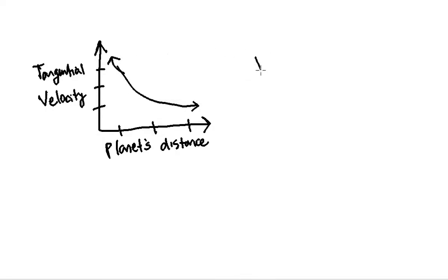So tangential velocity, v sub t, and then we're actually using an r for this, and it should be obvious. We're talking about the radial distance.